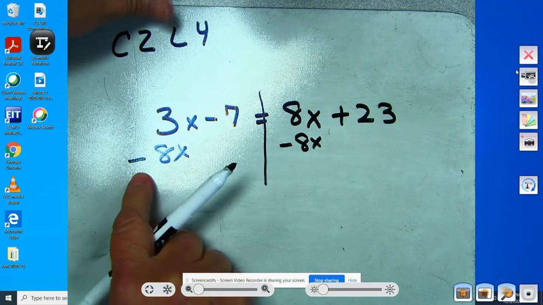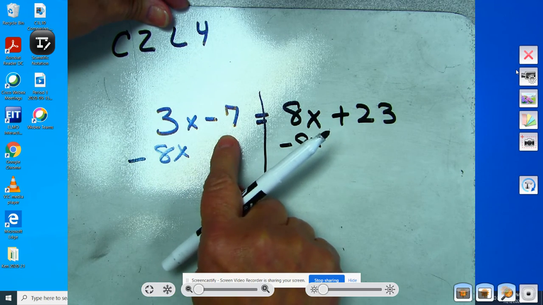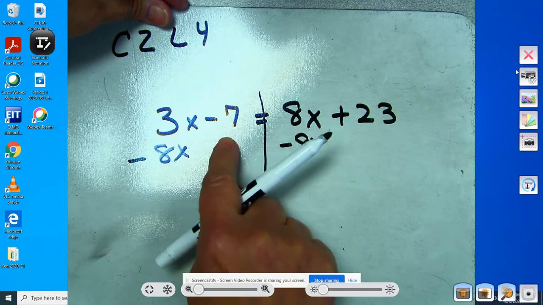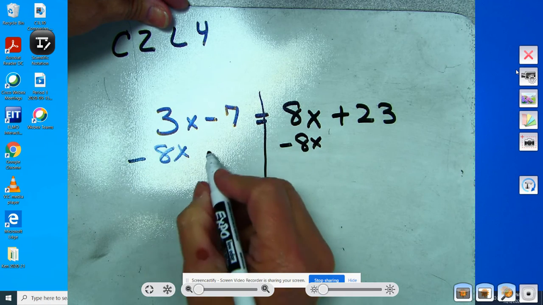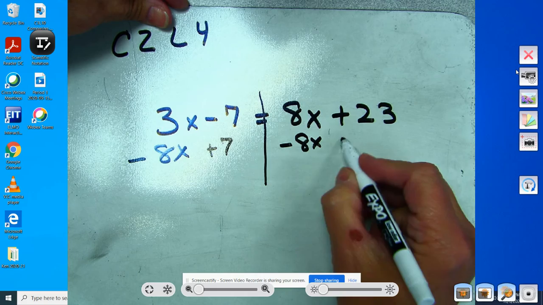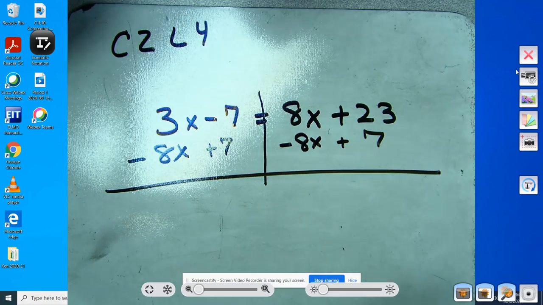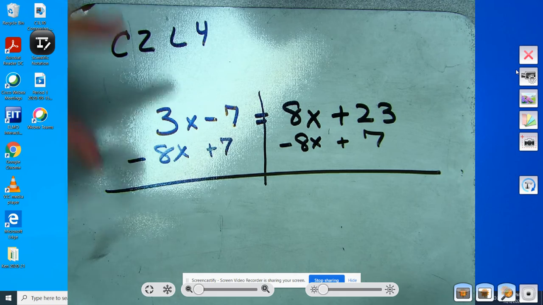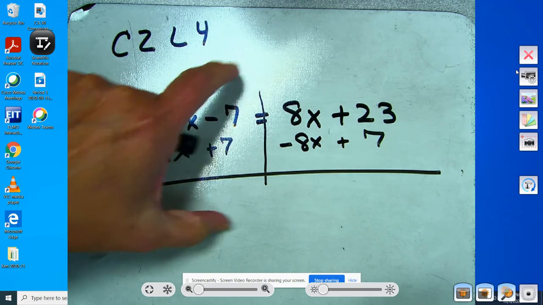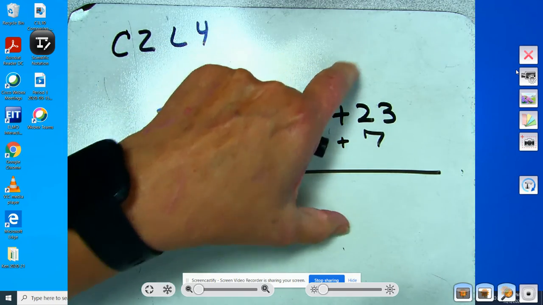Now, I've written something here. I'm going to come up and grab this guy. So the opposite of -7 would be +7. Everybody's got a friend. There's a number under everything. A variable, a constant, a variable, a constant, a constant.